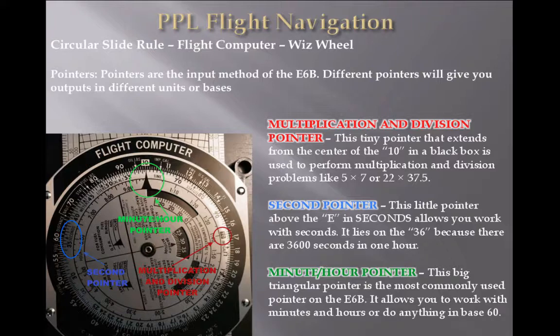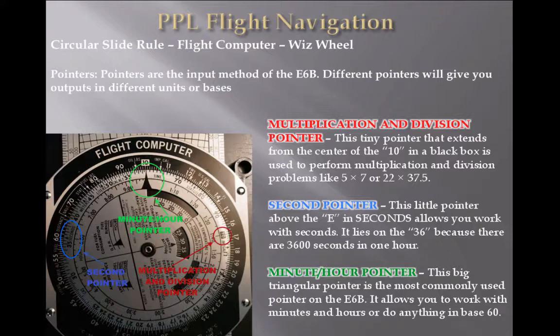The two that we really use here are the triangle, which is also the 60, and the square 10, which is the 10. When it's multiplication and division, we're always going to reference the 10, not the 60. It's really just the mathematical problems. So multiplication and division, always use this. And once you get used to it, it's very, very simple.